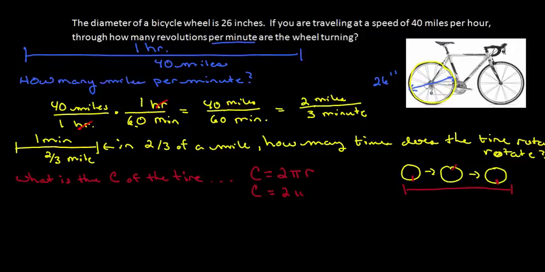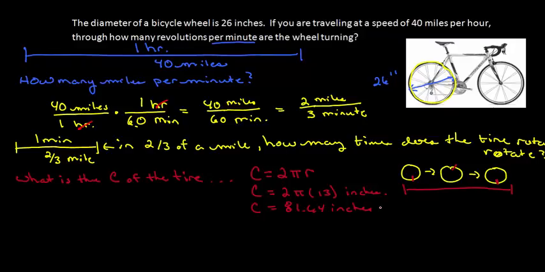So we have 2 times pi times 13, and that'll give us the circumference in inches. Here we're going to use 3.14 for pi. So that gives us 81.64 inches.